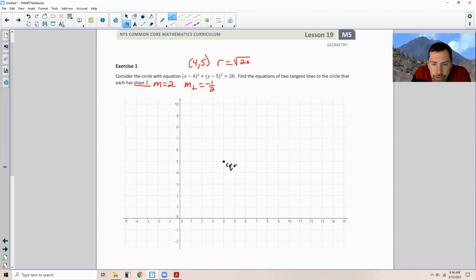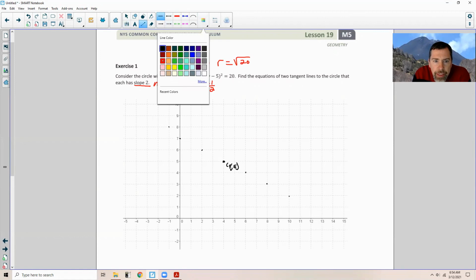(4, 5). And what else do we know? We know the slope of the perpendicular, or the radius, is -1/2. So if I go down 1 over 2, there's a point, down 1 over 2, or up 1 over 2, up 1 over 2, then that line is going to have my diameter and radius on it.